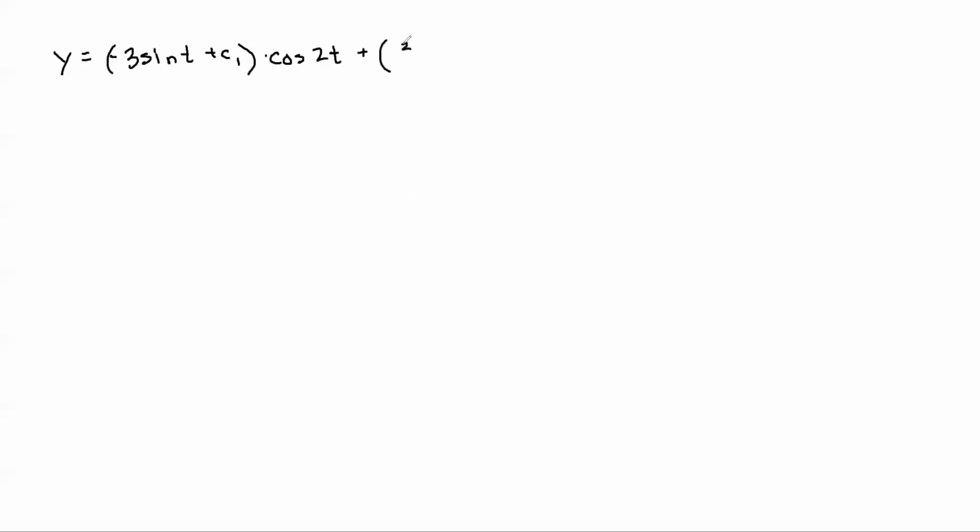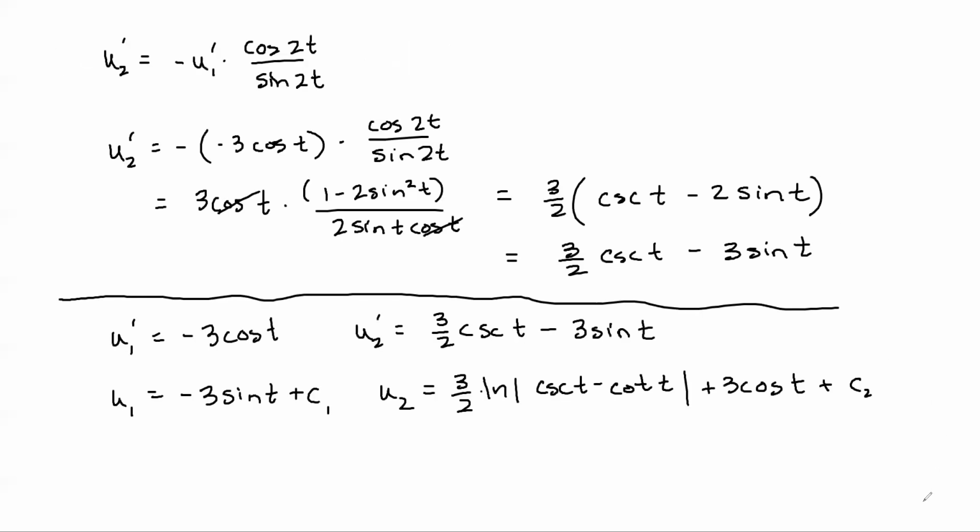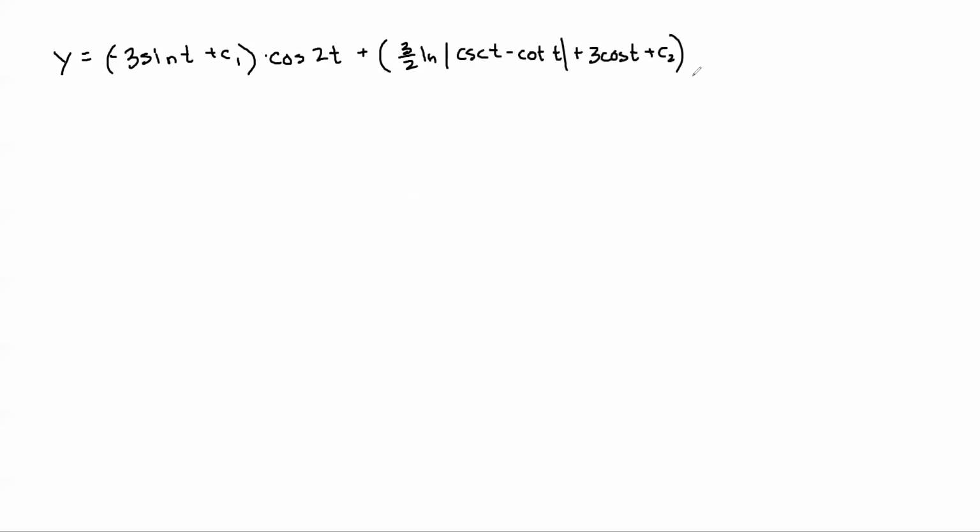3/2 natural log cosecant t minus cotangent t plus 3 cosine t plus c2, and we have that times sine 2t. Sorry for that little jog there. When you're recording in Zoom, there's a permanent button right where the sine 2t should go, so I had to write above that button.